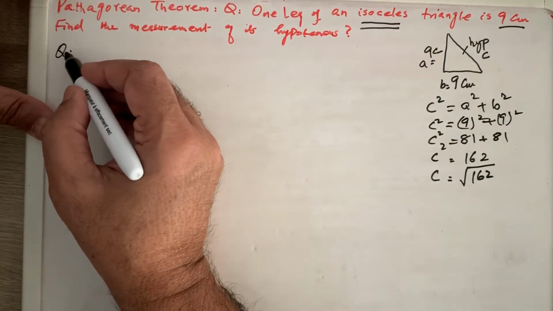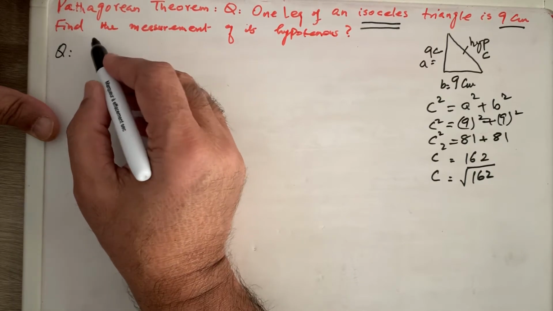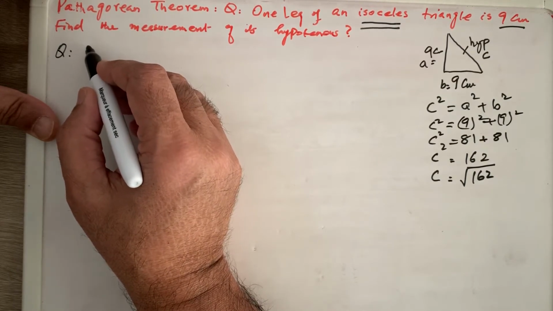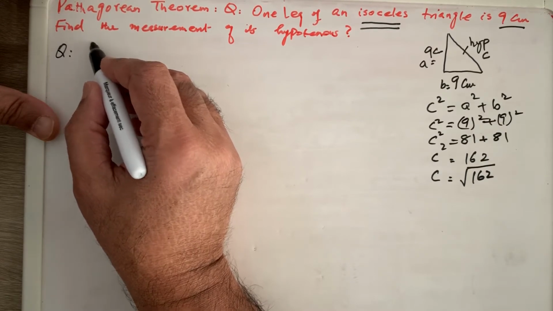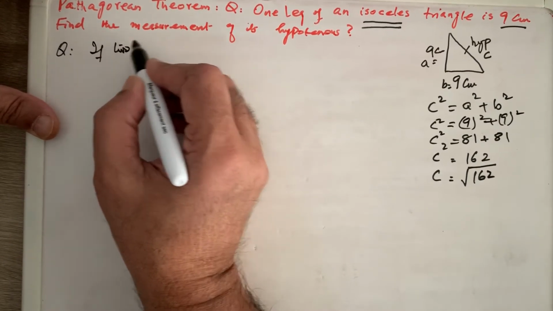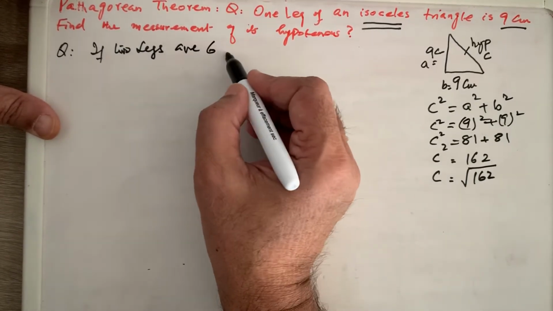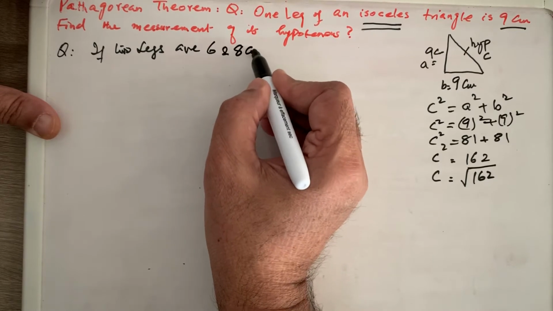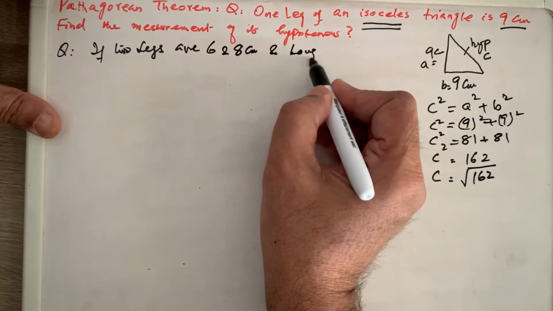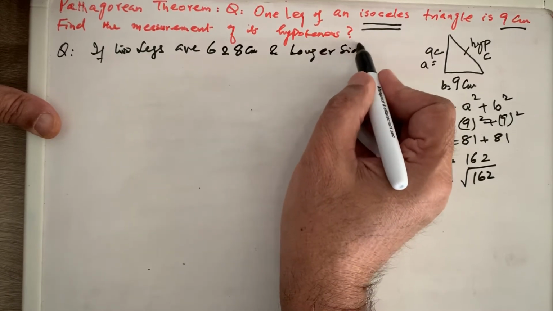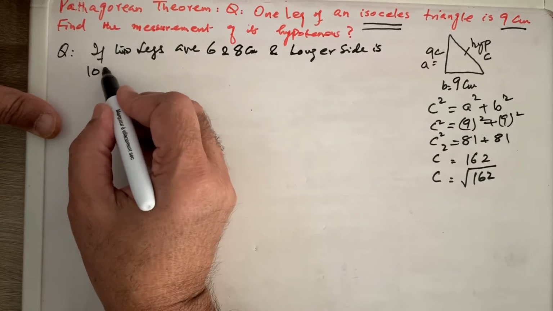Sometimes a question is asked that prove that it is a right angle triangle. We have to prove that it is a right angle triangle if 2 legs are 6 and 8 centimeters and the longer side is 10 centimeters.